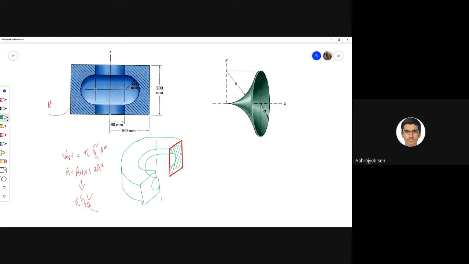That means there is no gap between the zx plane and that body, meaning a rectangular cross section. First of all, let's say this axis is the y axis. Then the zy plane. These faces are lying on the zy plane. There is no gap. Yes. Okay.